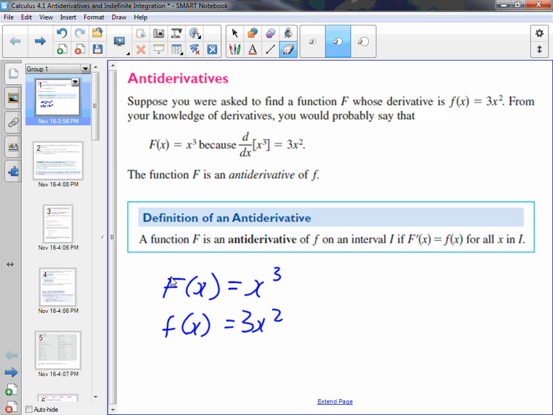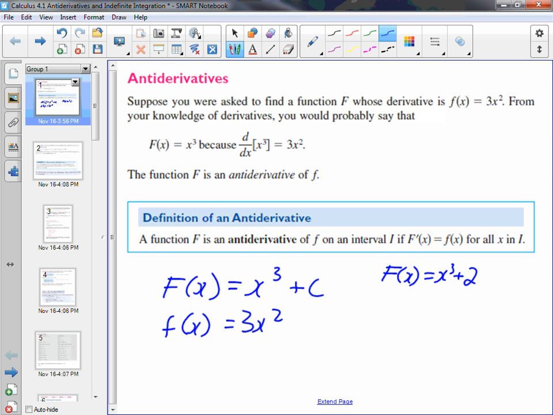Not a coefficient, a constant. Like that. Plus some constant. Like that. You don't know what it looks like. Because think about it. If capital F of x is x cubed plus 2, is its derivative 3x squared? Yes.